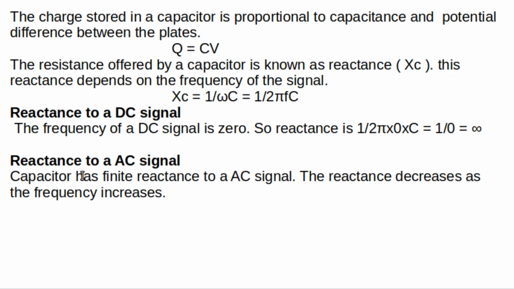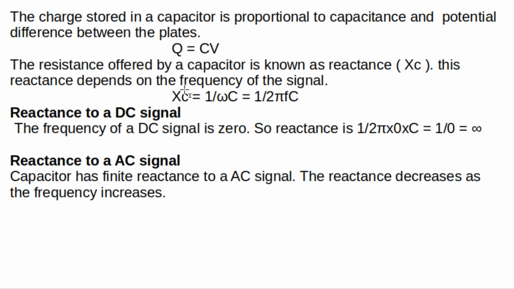Now what about the reactance of this capacitor to an AC signal? For an AC signal, it has a frequency. So depending on the frequency of the signal, the reactance varies according to this equation. From this equation it is clear that if the AC signal has a small frequency, the capacitor will have very large reactance.